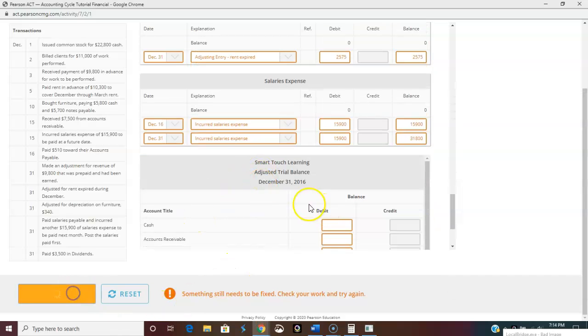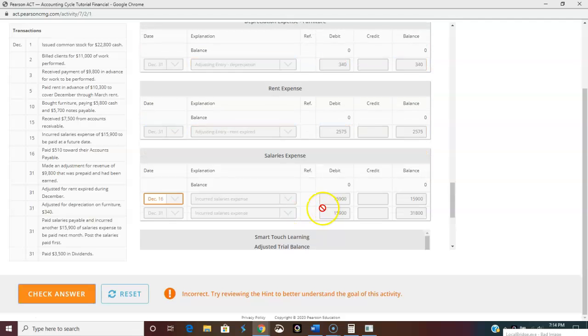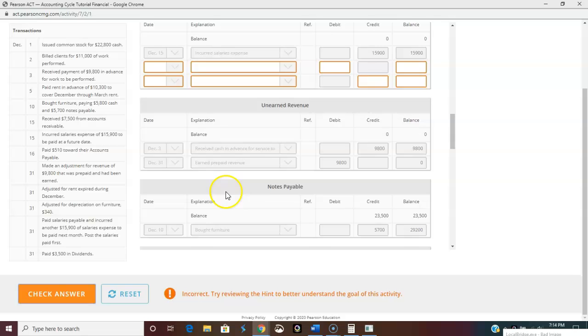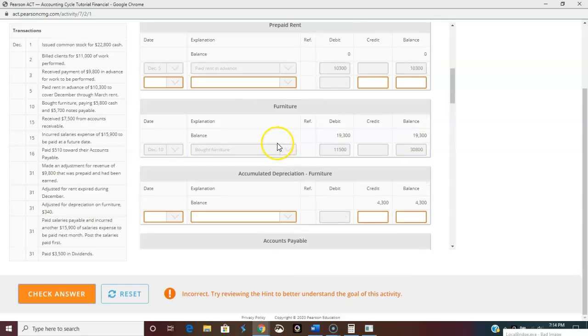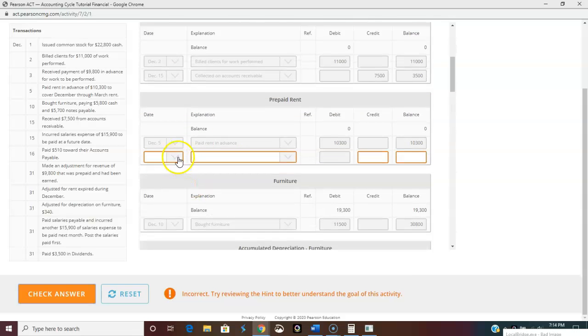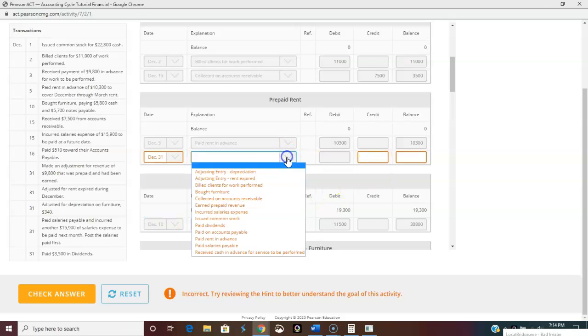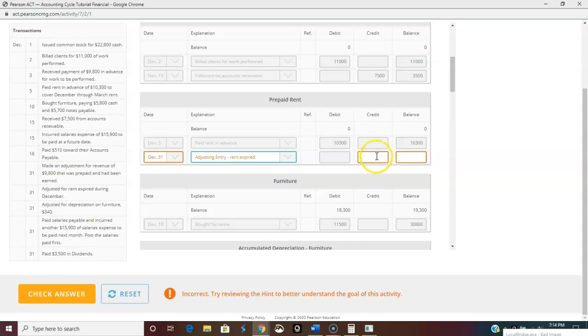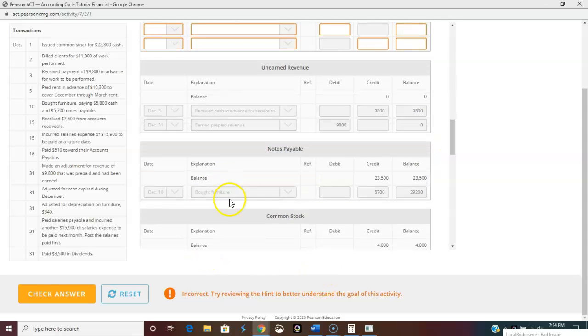And then let's check this, see what's wrong. And it's taking forever because I'm upstairs. Okay. Oh, missed a few. Okay, prepaid rent that we would have to adjust here. The adjusting entry rent expired, and I think that was $25.75, so that wasn't it.